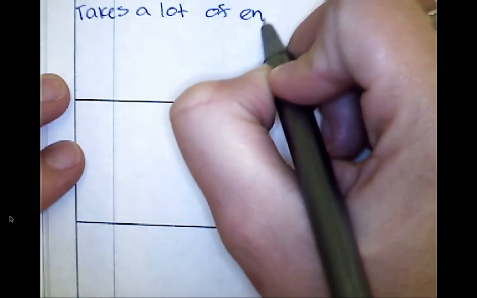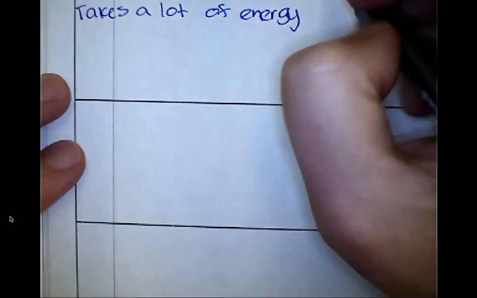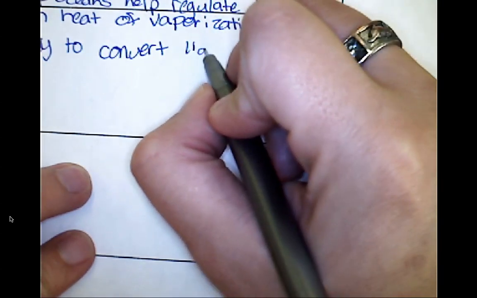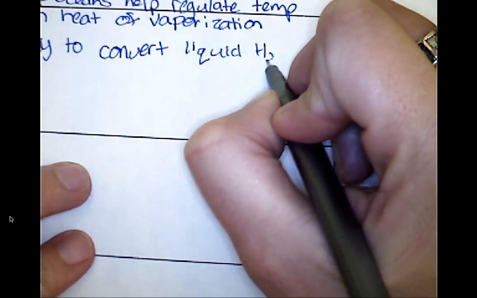So that's exactly what we're going to write. It takes a lot of energy, and if you've ever had to boil water before, you know how it takes a lot of energy to convert liquid H2O into vapor.